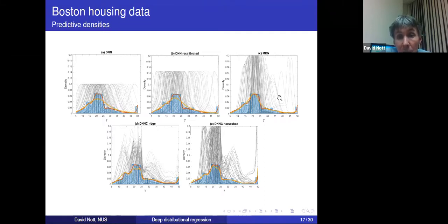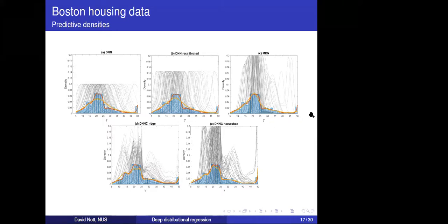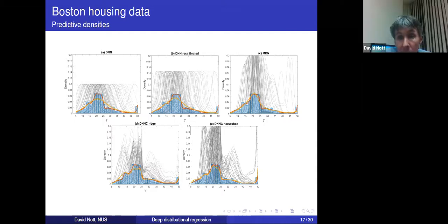Now, a mixture density network is a very flexible density regression method. As you can see, there is an adaptation of the predictive distributions to the features. You get very complex and different shapes at different points in the feature space. That's also a feature of the predictive distributions you get using the Copula approach.